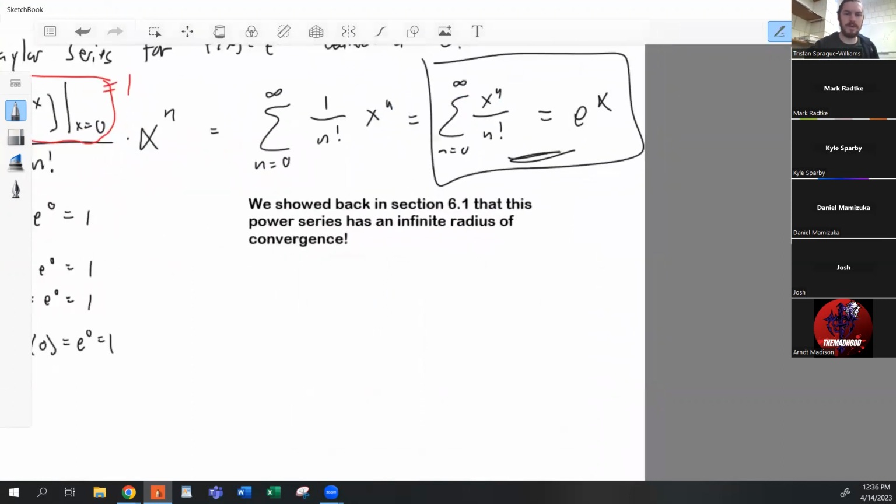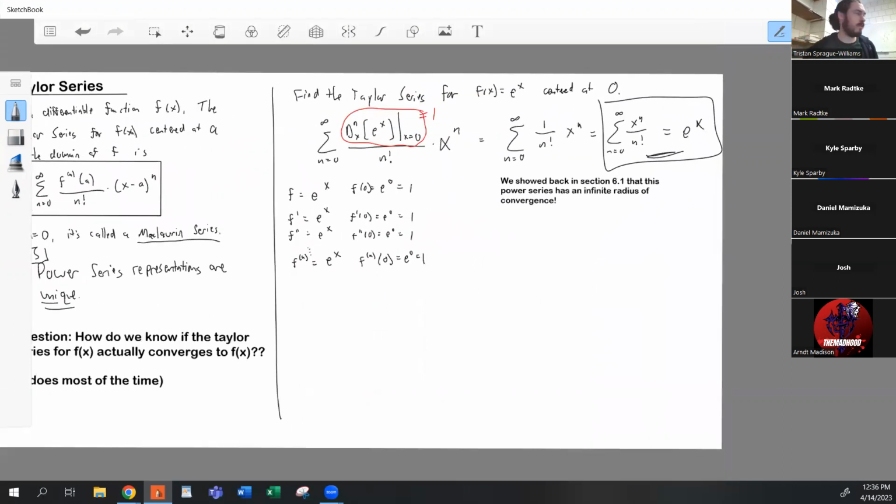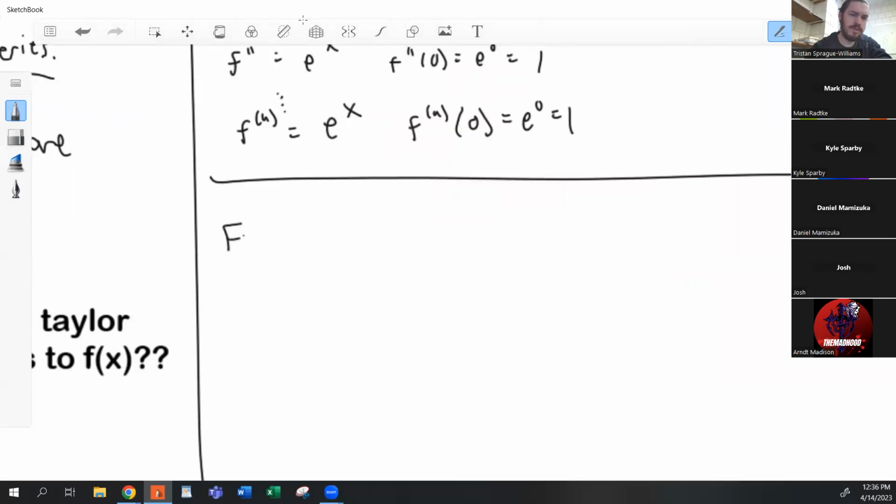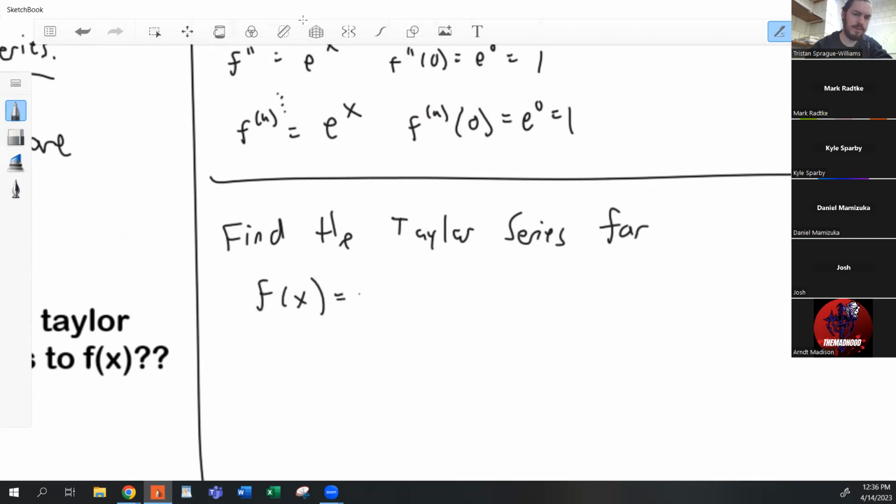So yeah, what else can we do? Let's do another one. Here's a good exercise. I want you guys to take a minute to find the Taylor series for f of x equals x to the 4th power plus 1/6 x cubed minus 2x squared plus 5.